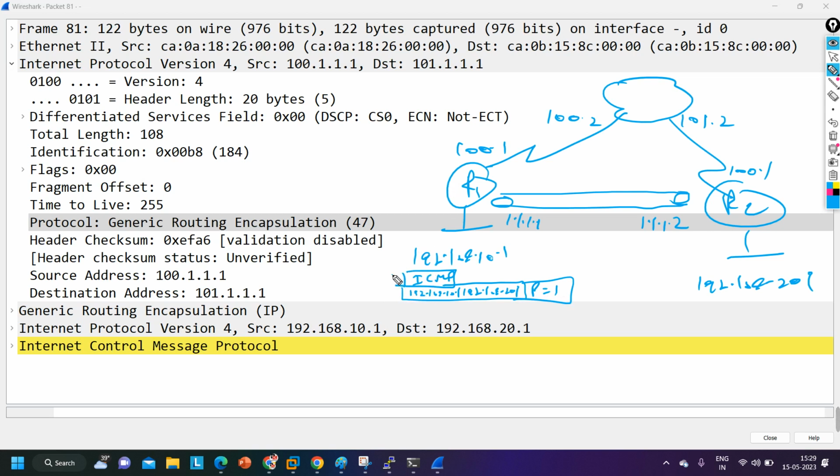Now when router 1 receives it, it checks the routing table and finds the exit interface is the tunnel interface. Whenever the exit interface is a tunnel interface, it adds a GRE header.